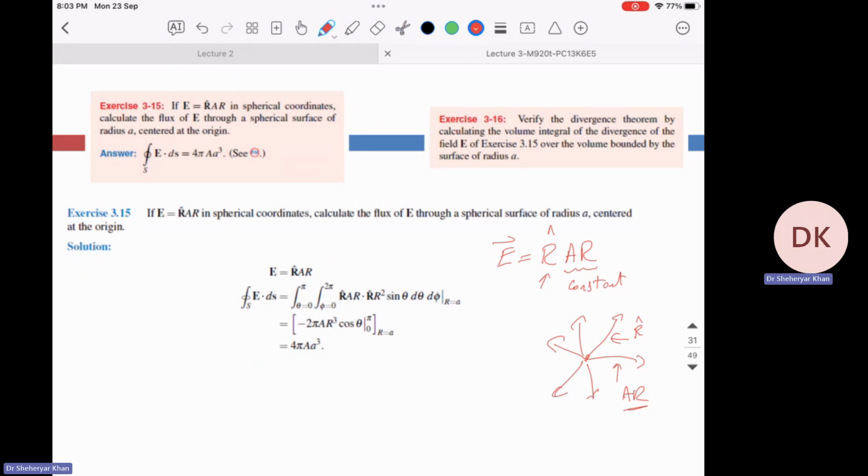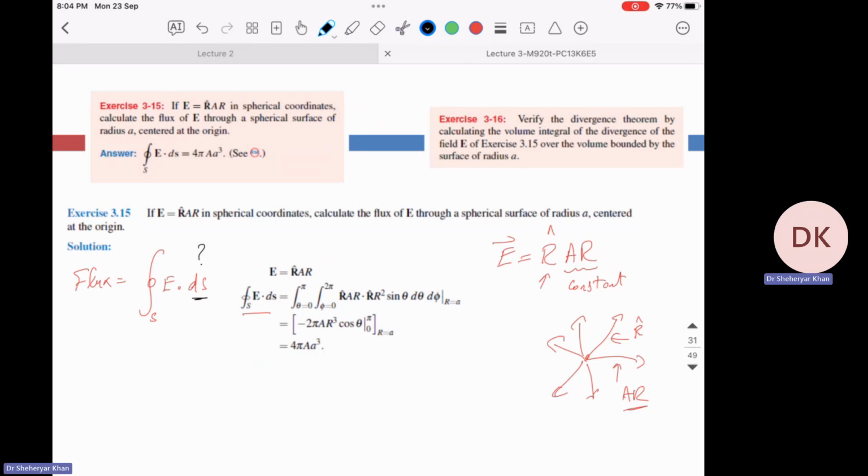Calculate the flux of E. So we know that the flux is equal to the surface integral of E dot ds. Now I have a question. Where to find this ds? Sorry, dy dz. Yeah, that's true if it is a rectangular system, but this is a sphere, right?